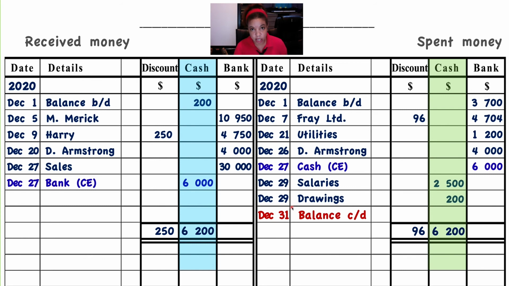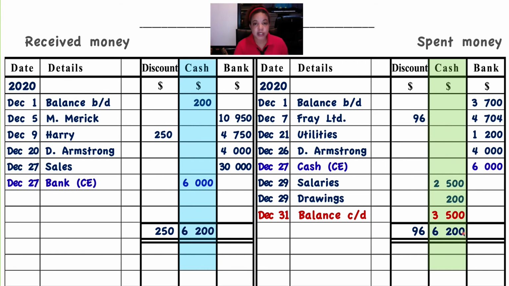Balance carried down, and your missing figure, 6,200 minus the 2,700, will give you 3,500 as your balance carried down. If you don't believe me or you have any doubts, just double check. Add up all of these and it's supposed to come up to 6,200.